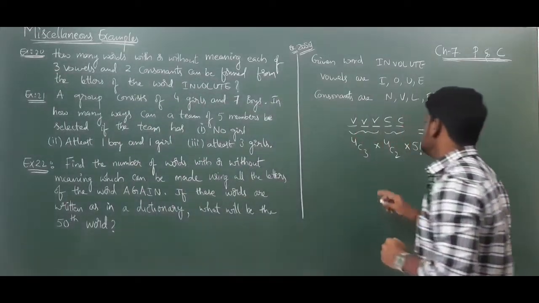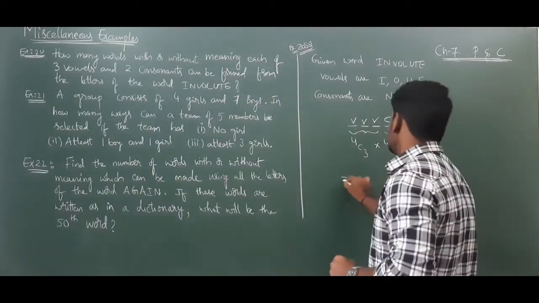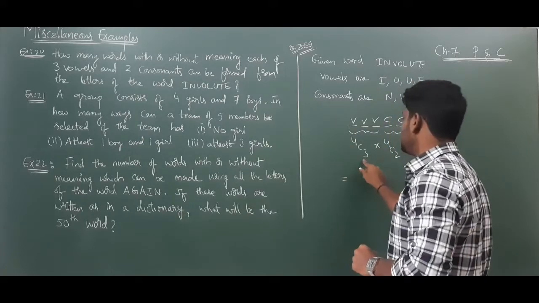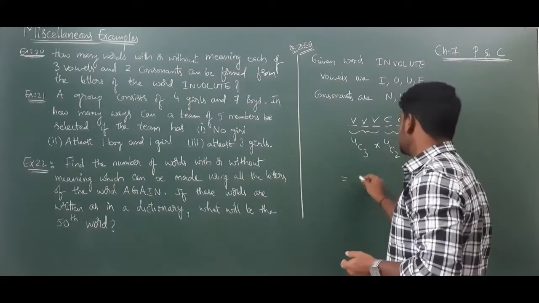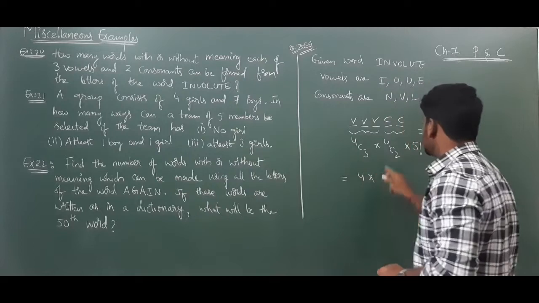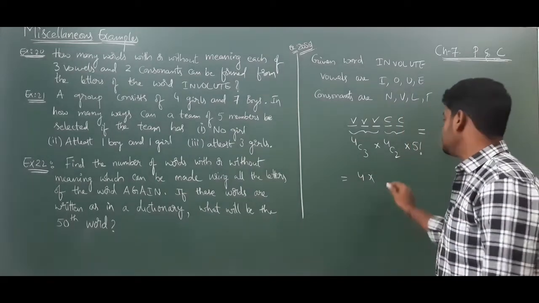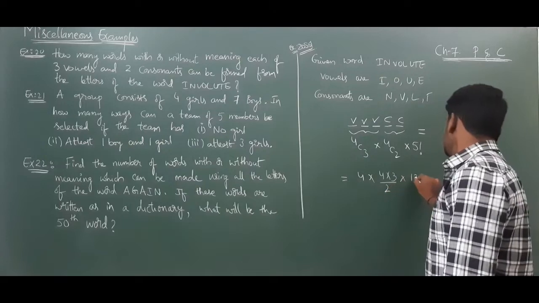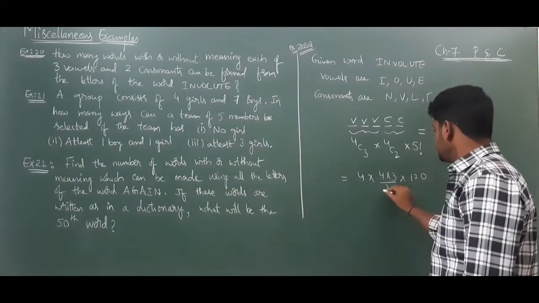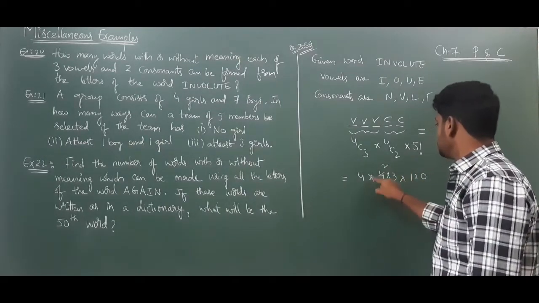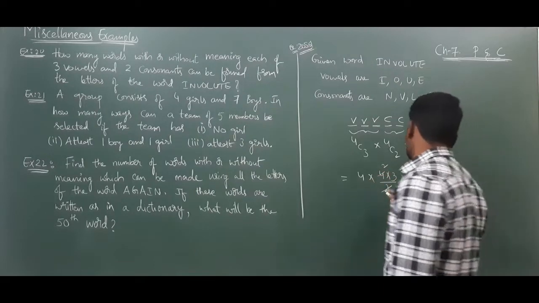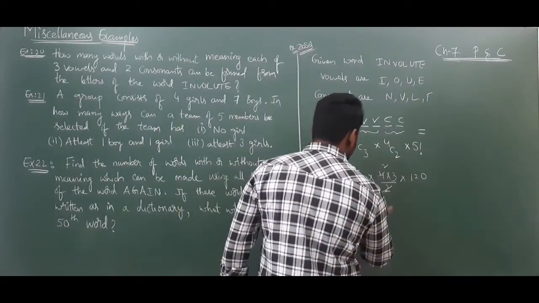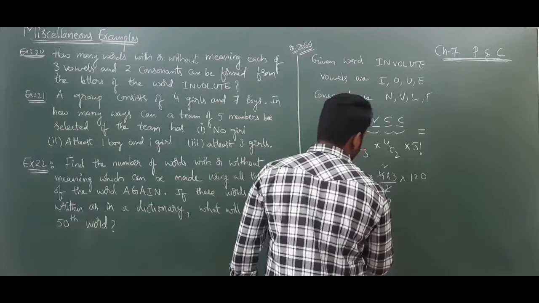So totally it will be 4C3, which is equal to 4C1, value is 4, into 4C2. How will you simplify 4C2? It is 4 into 3 by 2, into 120. So it will be 2 ones are 2, 4 twos are 8, 8 threes are 24. So it will be 24 into 120 ways.